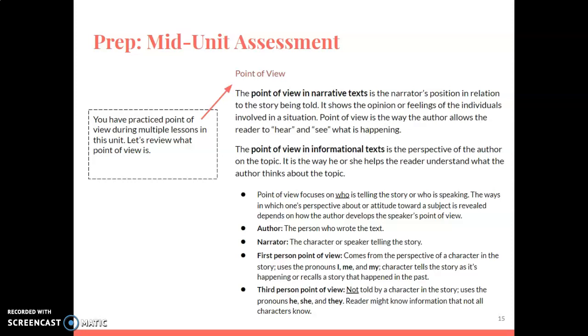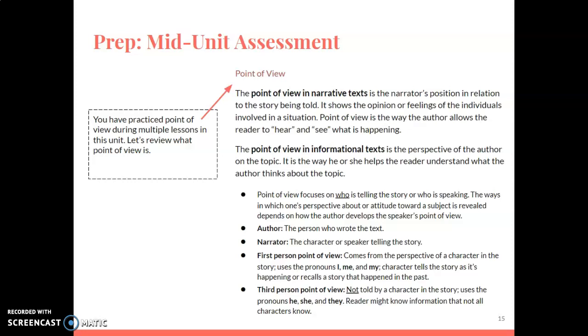Keep in mind, the author is the person who wrote the text, while the narrator is the character or speaker telling the story. First person point of view comes from the perspective of a character in the story. It uses the pronouns I, me, and mine. That character tells the story as it's happening or recalls a story that happened in the past.